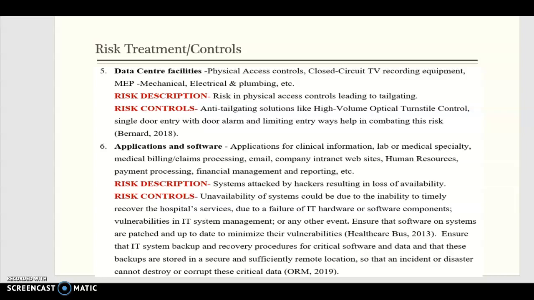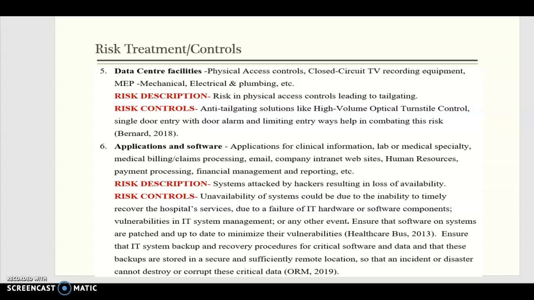Applications and software can be hacked, resulting in loss of availability. So this could result in hospital services being down due to failure of IT hardware or software components, or due to vulnerabilities in IT system management or any other event.